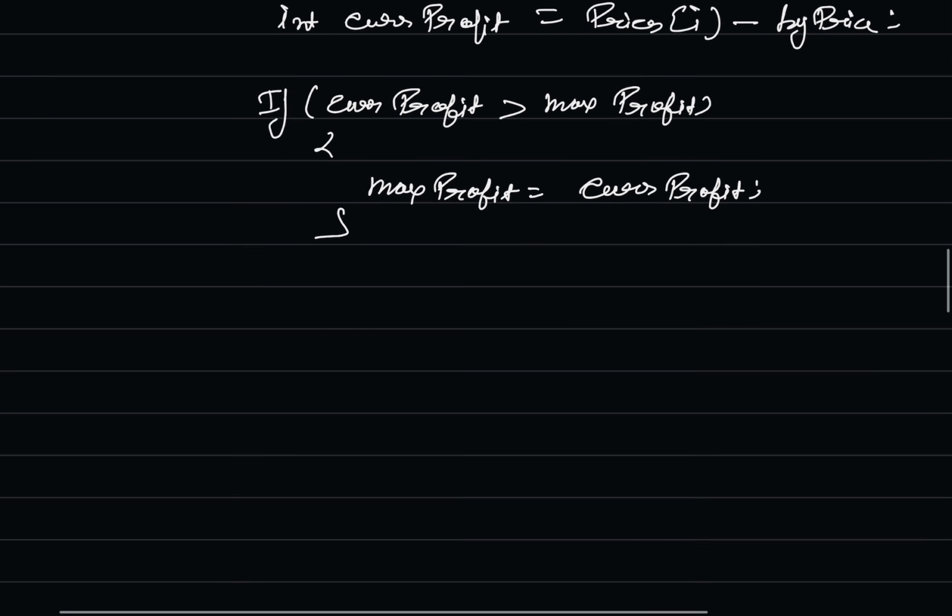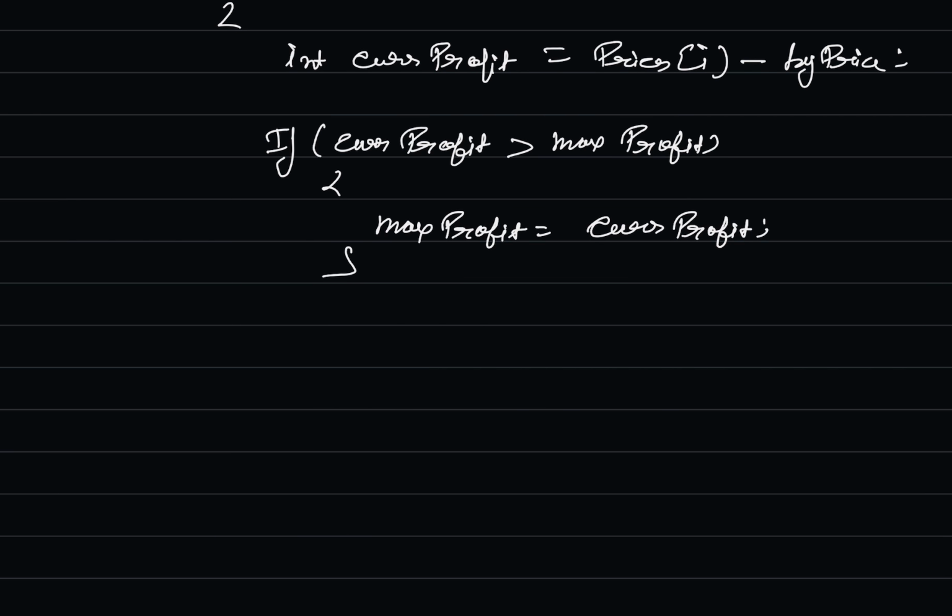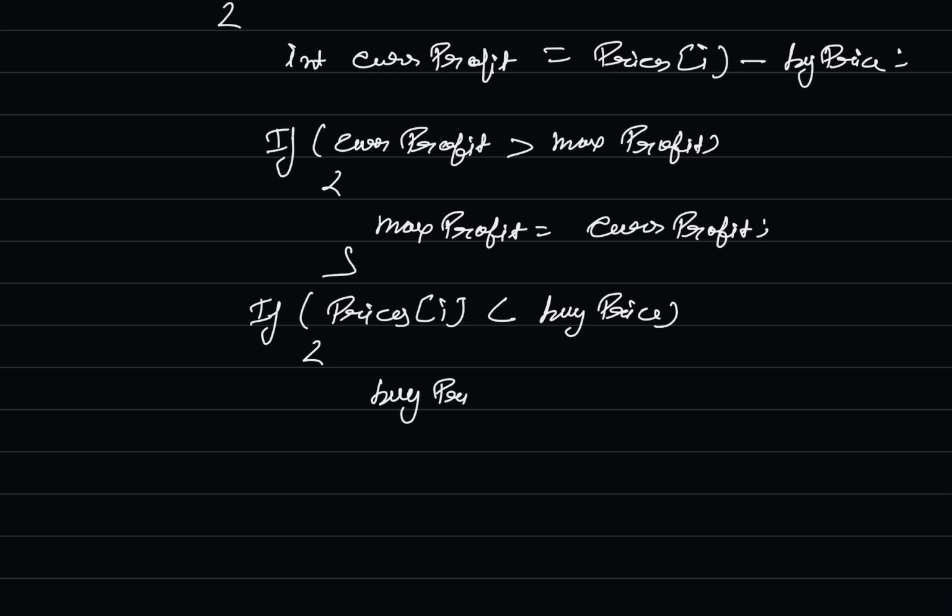And one more condition you have to check: if the current price of the stock is less than the buy price, then we also update the buy price with your current price of the stock.